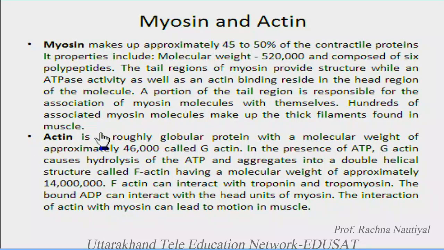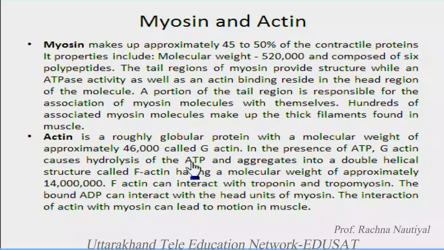The tail regions of myosin provide structure, while the ATPase activity as well as actin binding reside in the head region of the molecule. Actually, the actin binding part of the myosin protein is helpful during the contraction between the actin and myosin filaments in a coordinated manner.